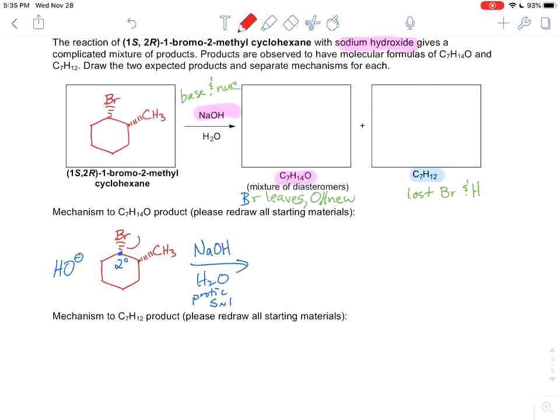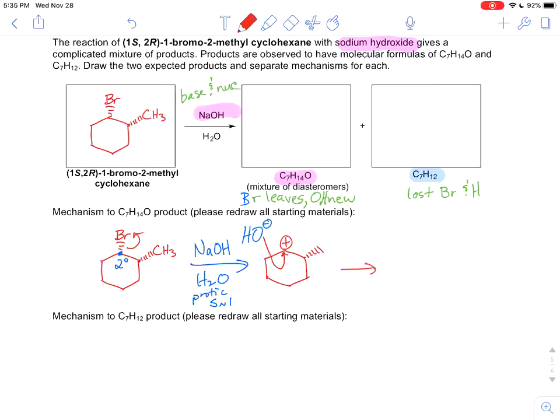The first step is actually the bromine leaving on its own. We have a secondary carbocation intermediate, and that one right there is a chiral center that is fixed because it is unaffected by that reaction. Now we could have the OH group, the hydroxyl group, come in and do its nucleophilic attack. And I'm going to do it like that, just so you can see that it actually starts from the oxygen and ends at the carbon.